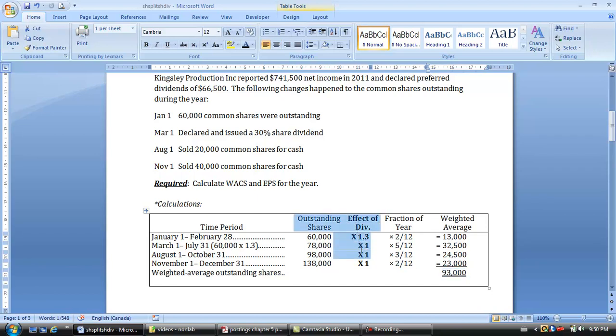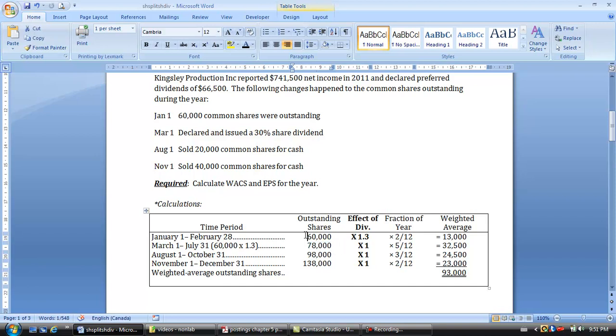So just note this column here, and what's happening. Again, we know that at this point in time, this is when we issued the share dividend, right? So that's why we have 78,000. 60,000 plus 30% more, which would be 18,000, is going to give us in total 78,000.